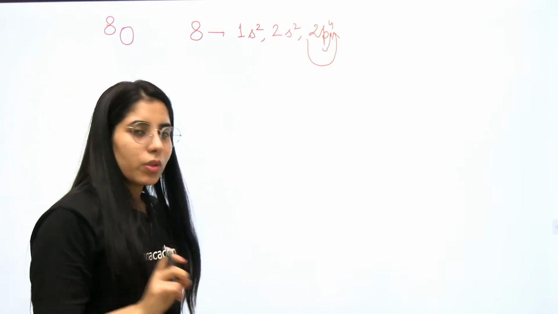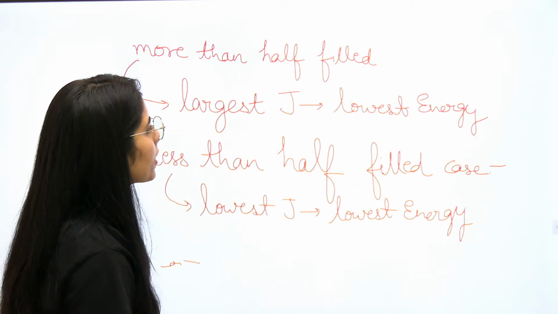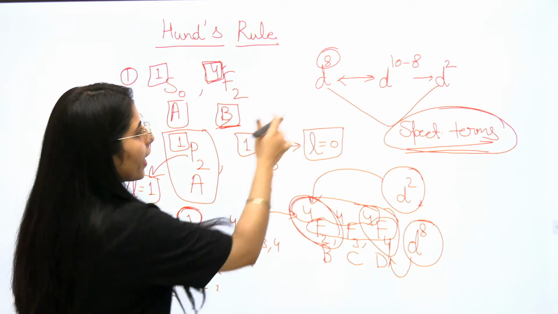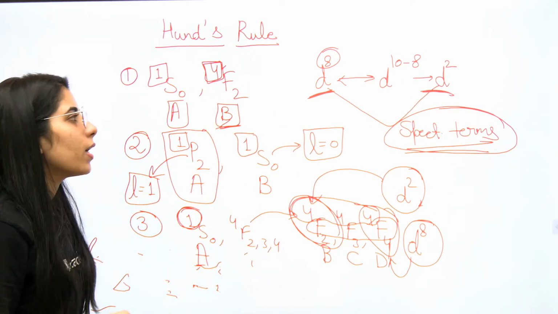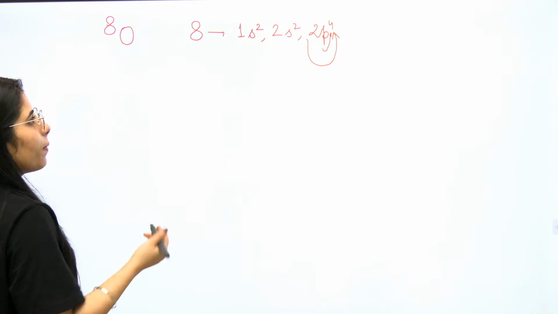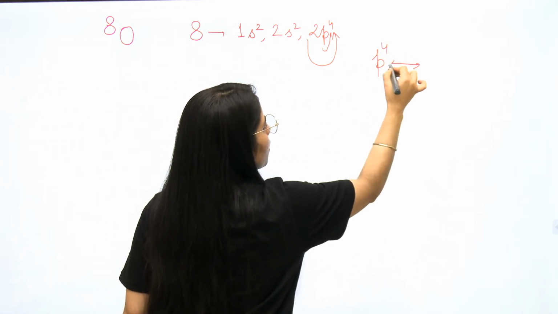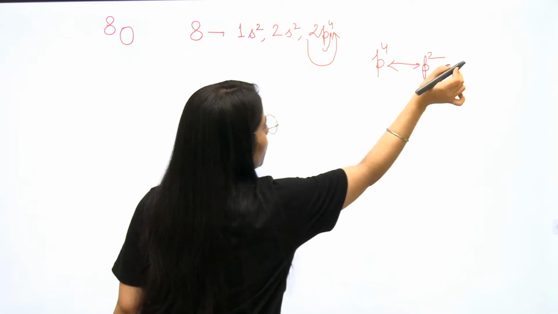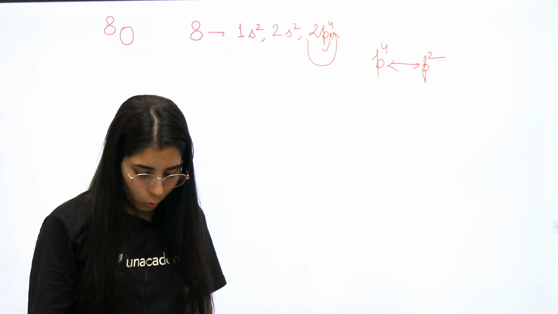I have told you that the inverted multiplets, which means d8 and d2, have the same spectroscopic terms. That means in the same way p4 and p2 will have the same spectroscopic terms. Yes or no?